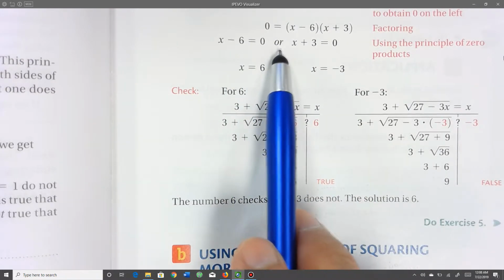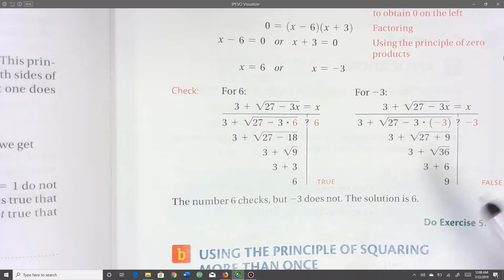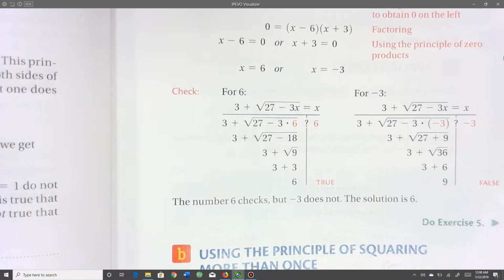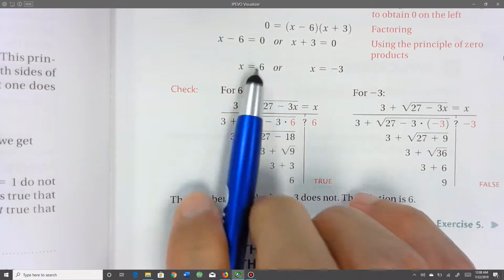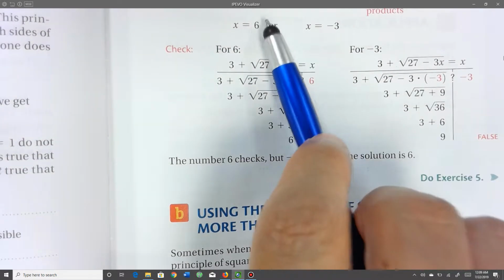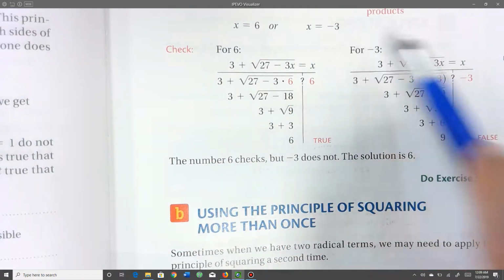You can use a comma or an or here to separate both equations. Either one will work. The book uses or, I use a comma. And then at this point, plug these two values into the equation separately.